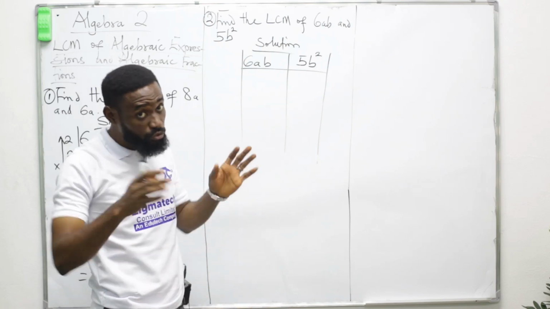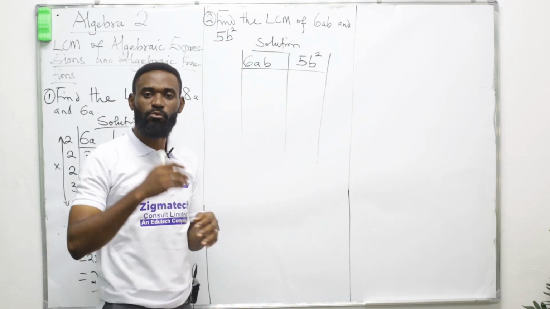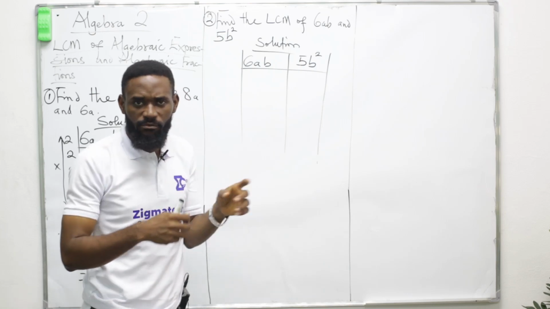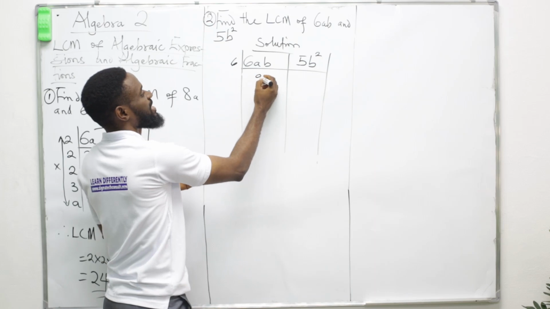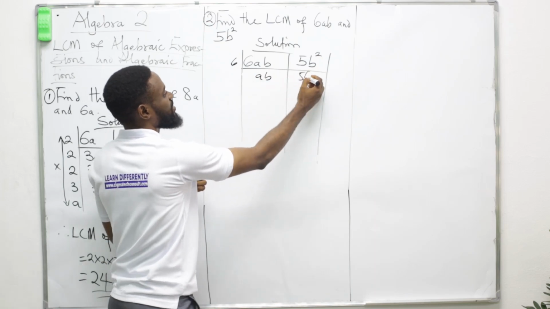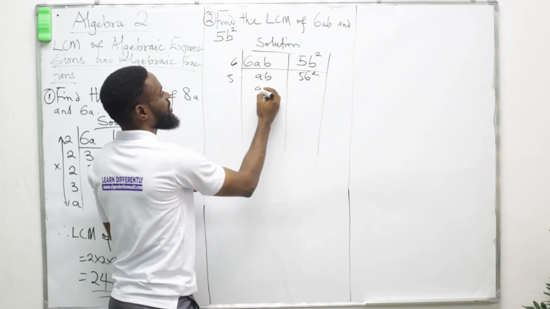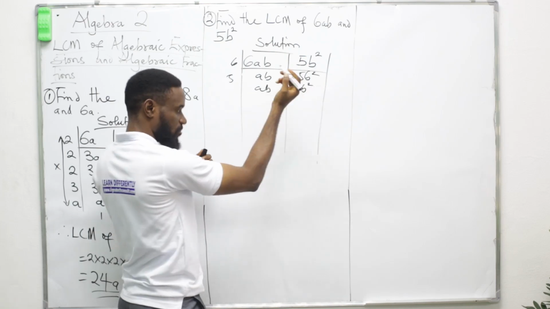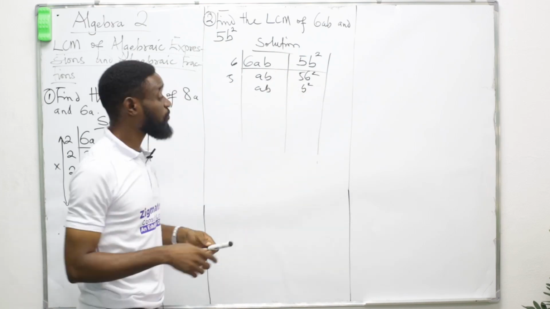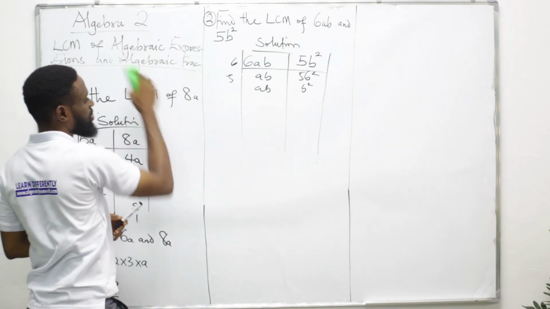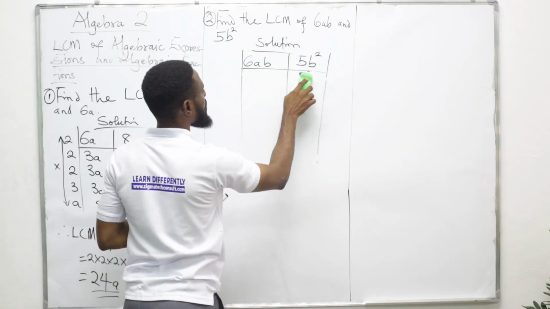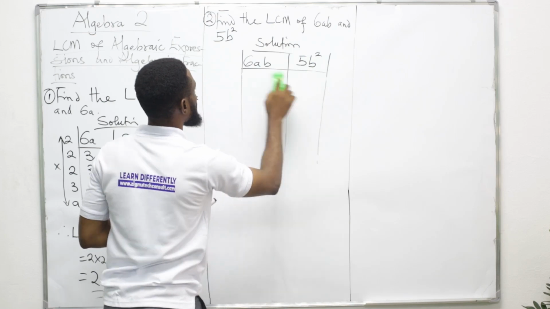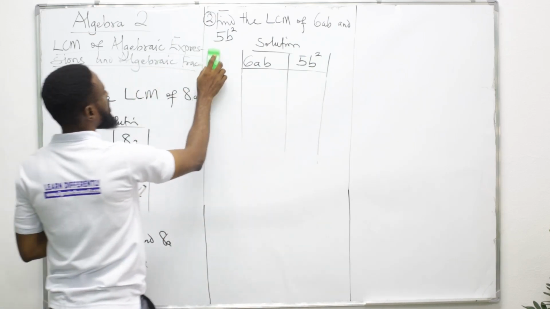When you have mastery of this, you can just go ahead and say 6 into this place is ab, and you have 5b squared, then you have 5 here, ab, and this is now b squared. But for now, that you are still beginning, I will advise begin with the least factors of the numbers.